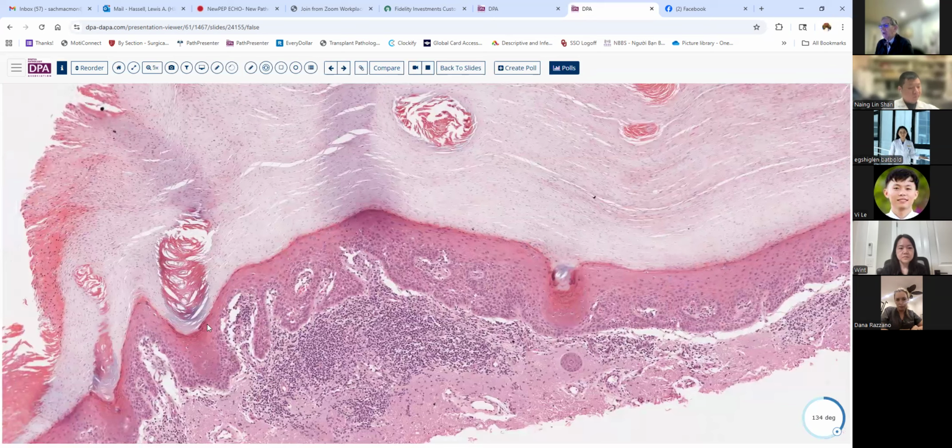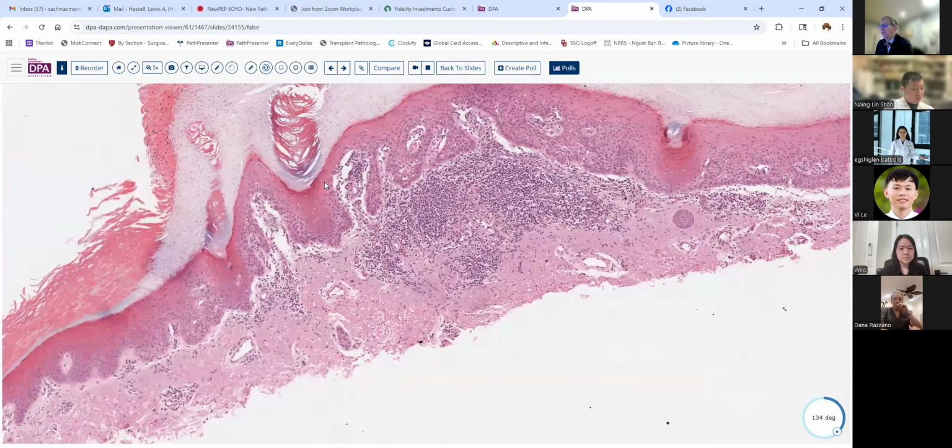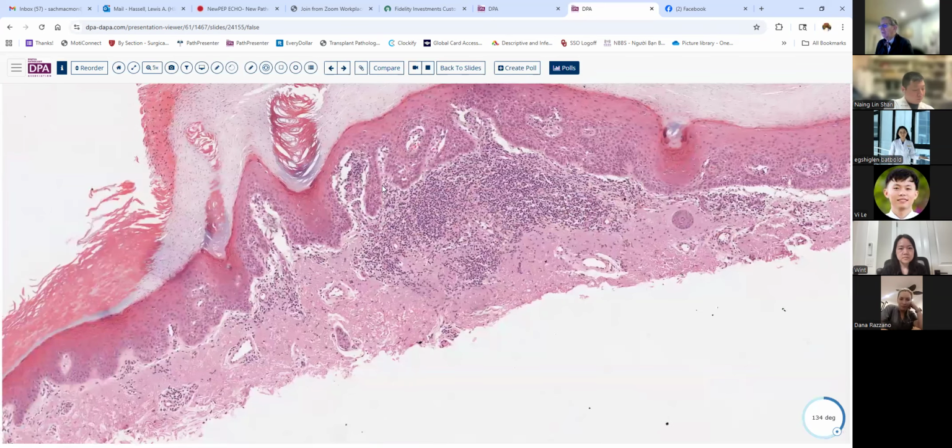Now, what happens with some of these squamous cells, or the actinics, is what you're beginning to see here, which is what I would term an actinic keratosis with some basilar proliferation. So this type of downward budding of the basal epithelium is what was leading me to call these superficial squamous cell carcinomas.